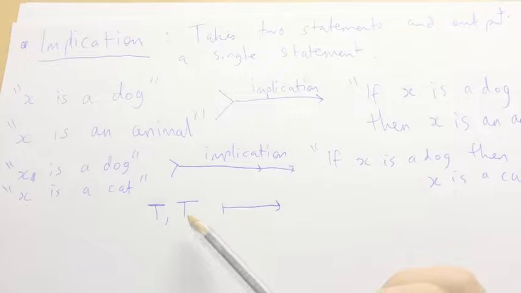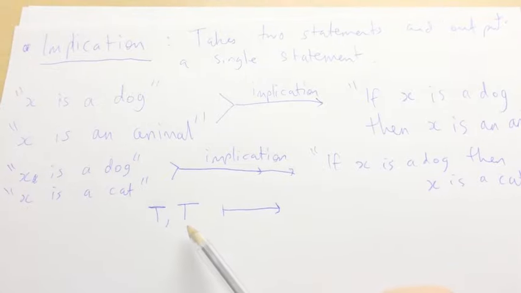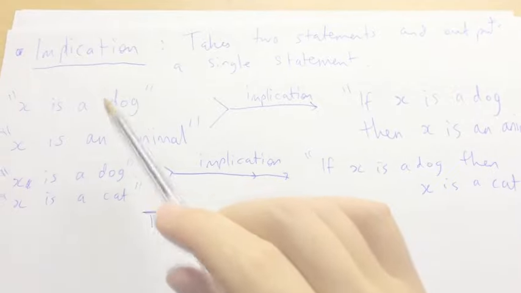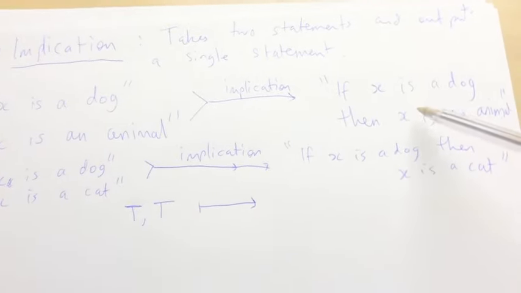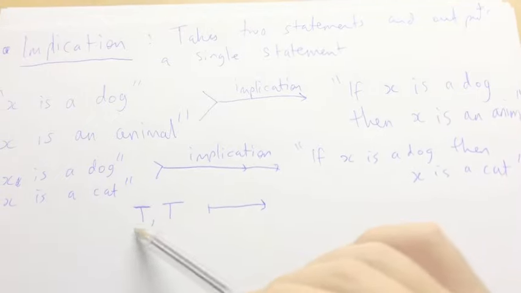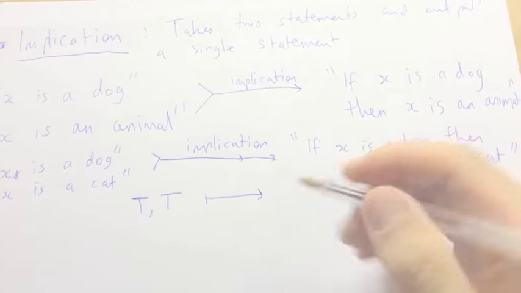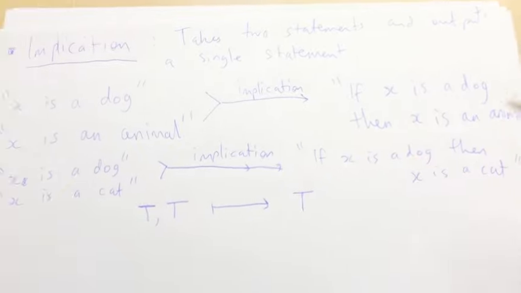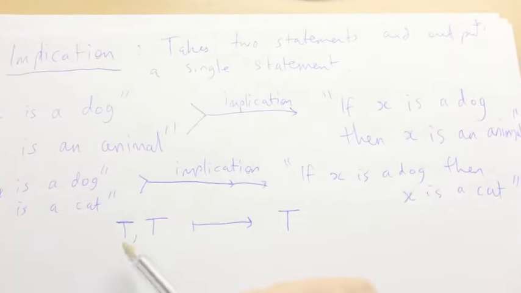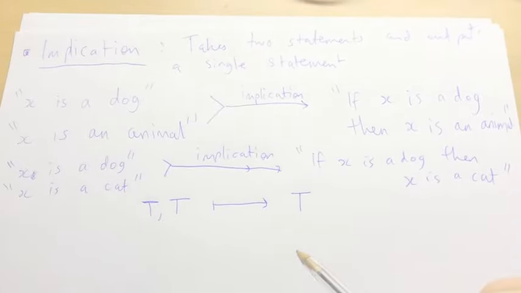That's a true statement. And so if these two statements are true, in this one instance, it should give you a true statement. And since it only depends on the true values, it'll give you a true statement in all instances. So if you just test it for dog and animal, it should work for everything.